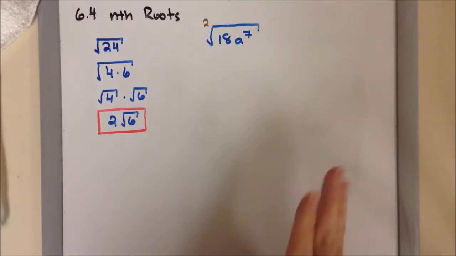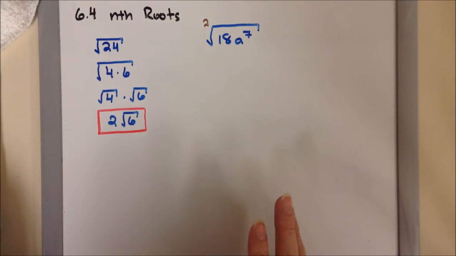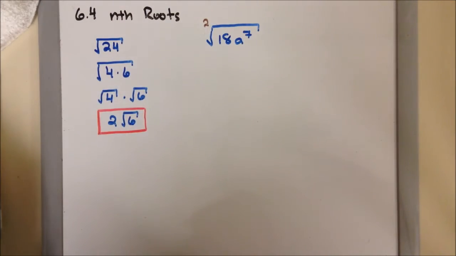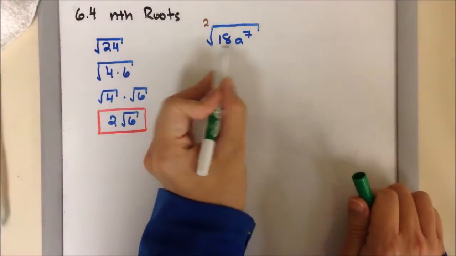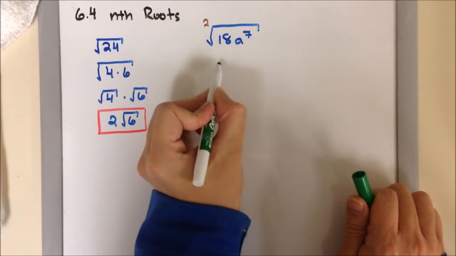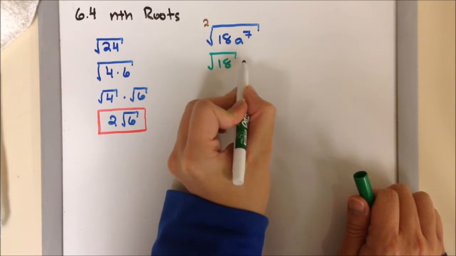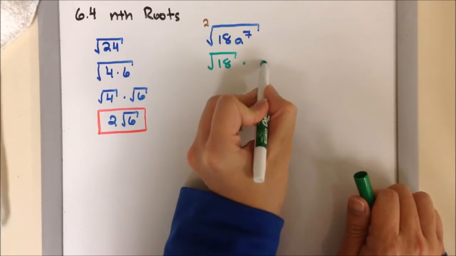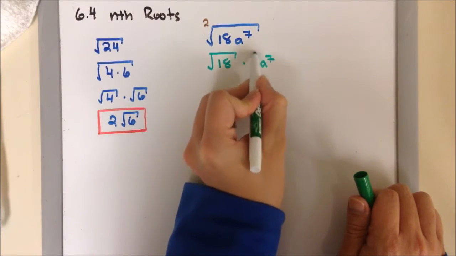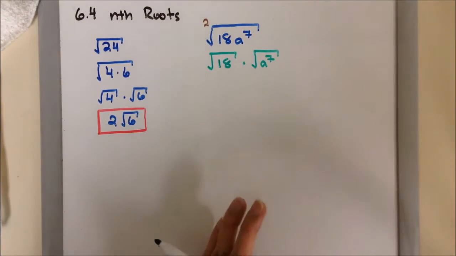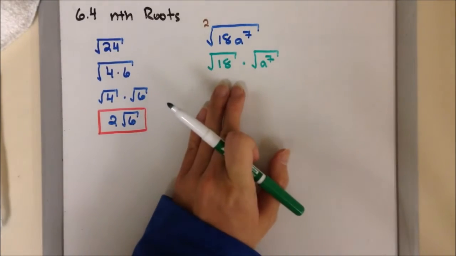Alright, so what we can do is break it into smaller parts to make the problem look easier. So I'm going to break the 18 and the a to the 7th power. Here, let's talk about the numbers.